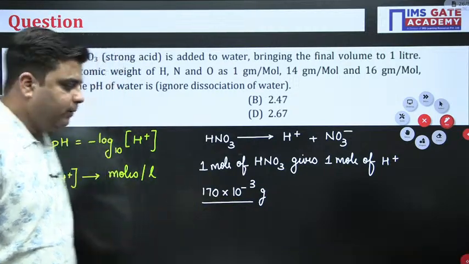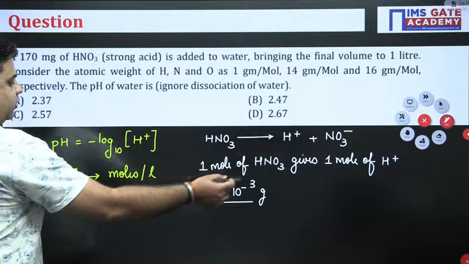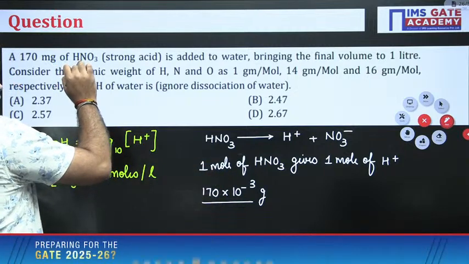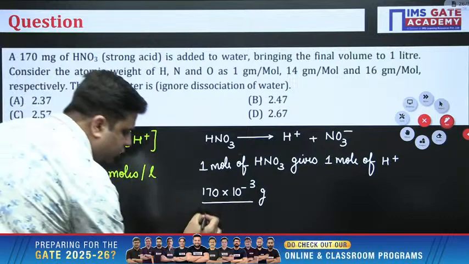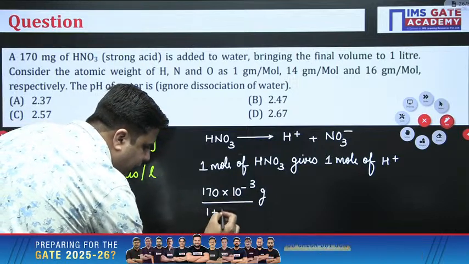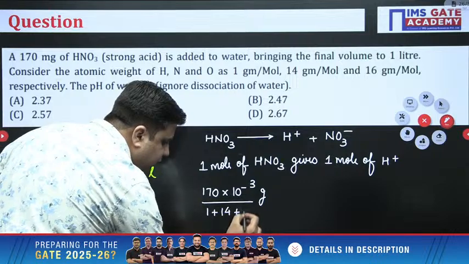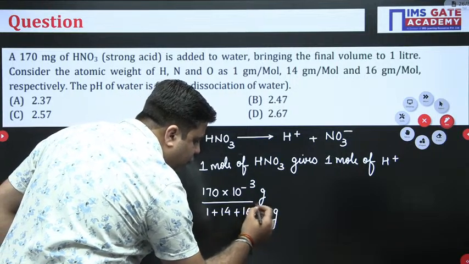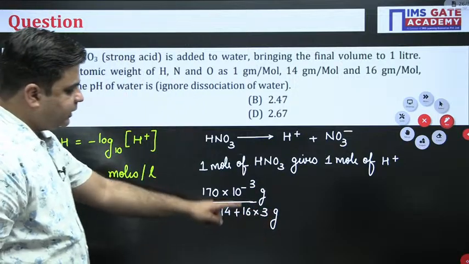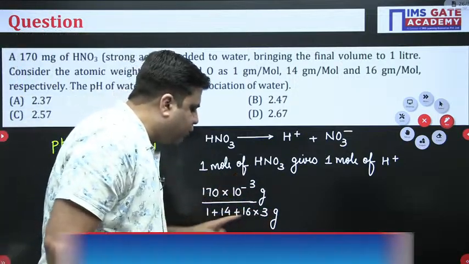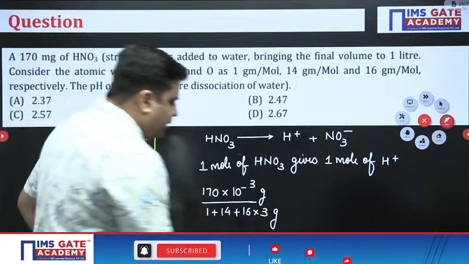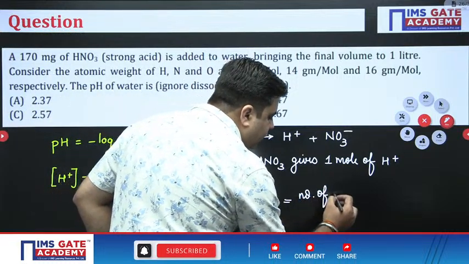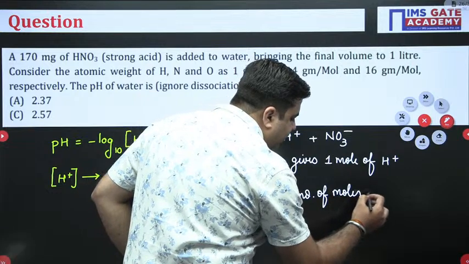Molecular weight is hydrogen 1, nitrogen 14 plus oxygen 16 into 3, in grams. This ratio gives the number of moles of HNO3. Calculate this.